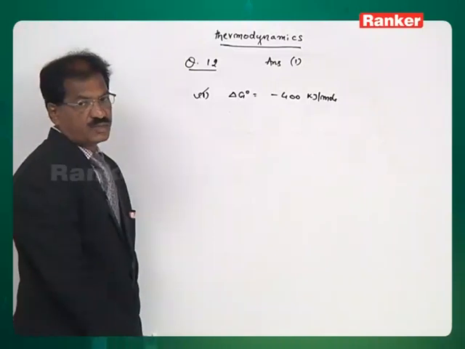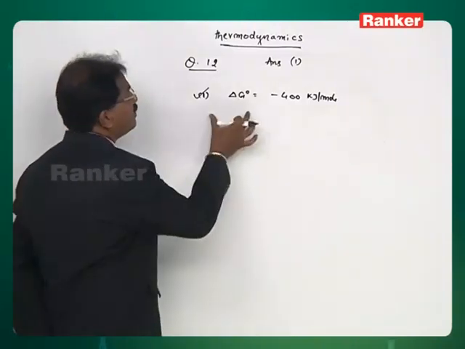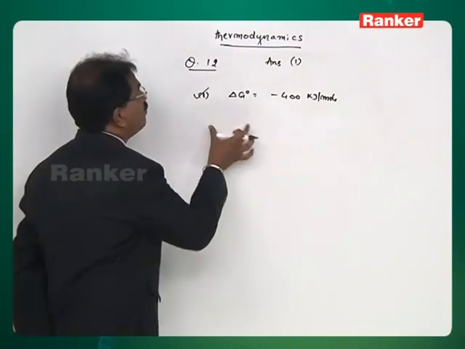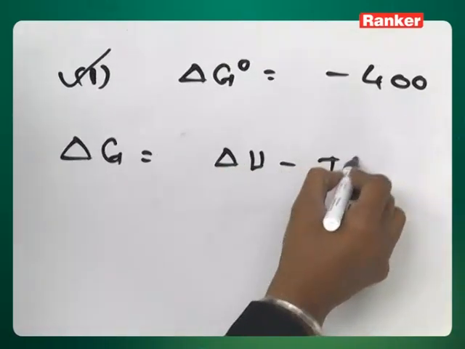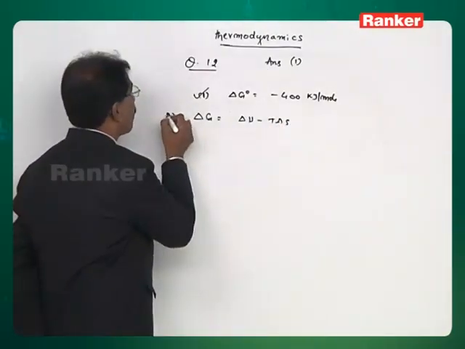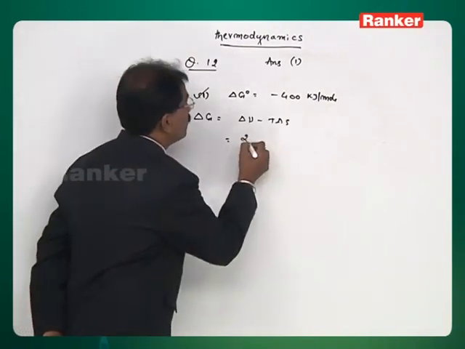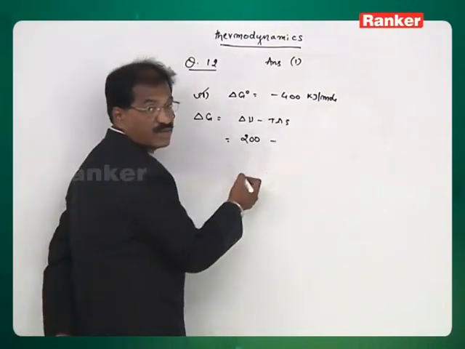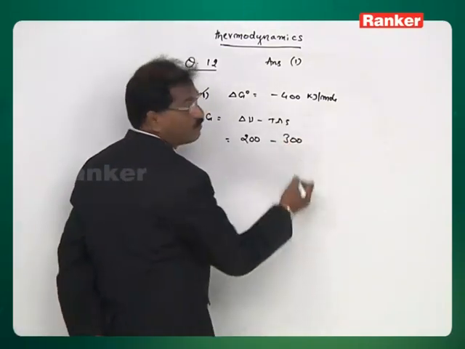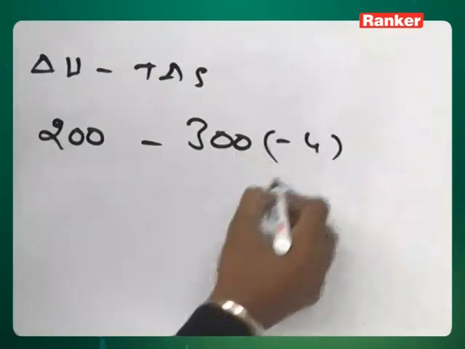But before coming to the conclusion, let us verify the other options. In the second option, they give the enthalpy change and entropy change. Based on these, again you calculate the free energy change. Del G is equal to del H minus T del S. Here, the enthalpy change is given as 200. The reaction is taking place at 300 Kelvin. Next, the entropy change is given as minus 4.